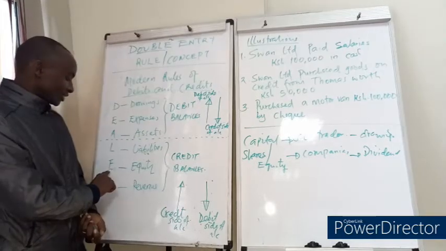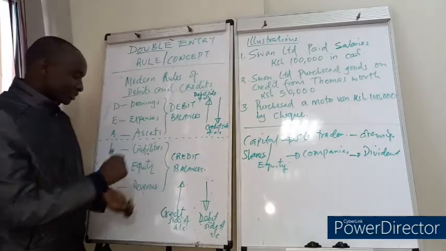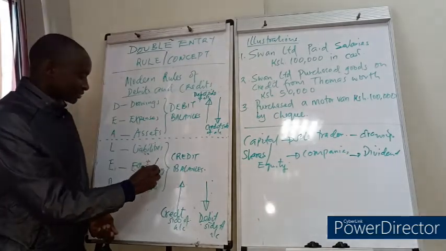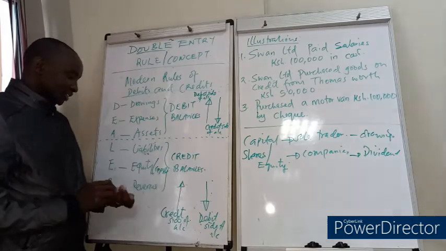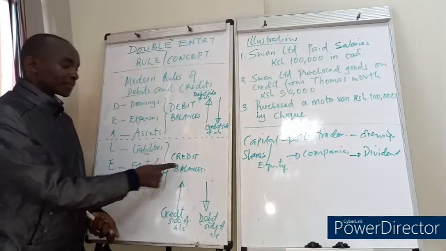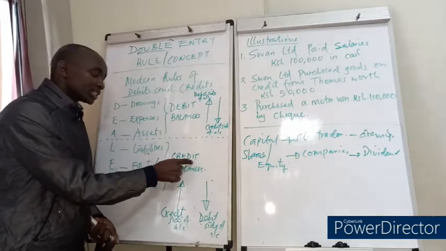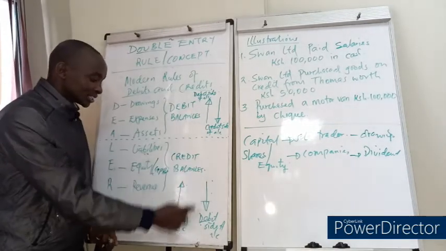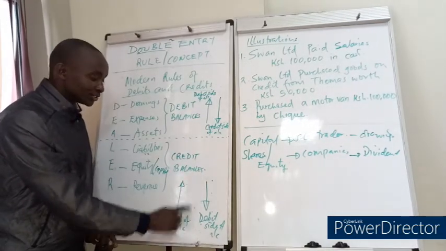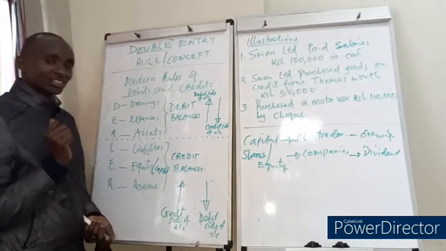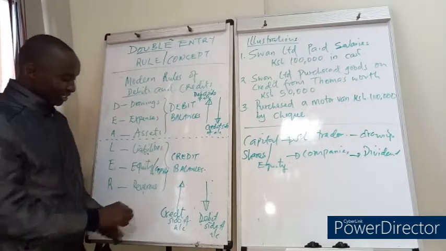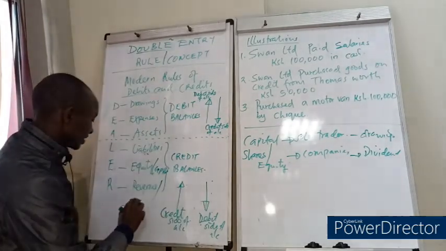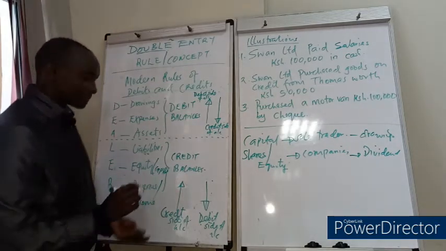The equity, or the capital, is the same as capital. It has a credit balance. If you want to increase it, you increase on the credit side. If you want to decrease, you decrease on the debit side. The same case applies to revenue. The other name of revenue is income.